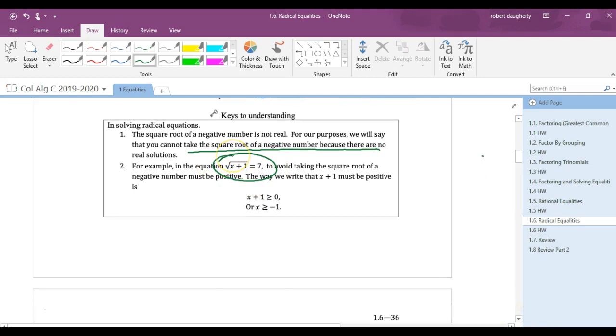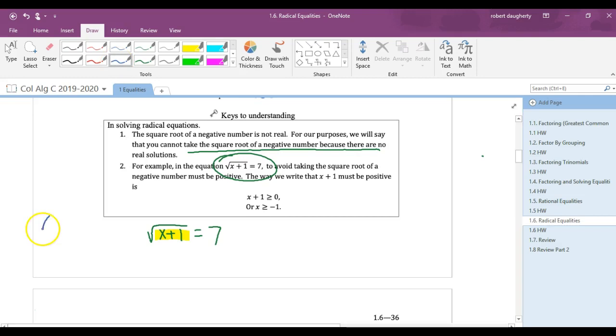The square root of x plus 1 equals 7. What you just need to be in the habit of looking at is whatever is under that square root sign. I can't take the square root of what kind of number? Can't take the square root of a negative number. So x plus 1 has to be what kind of number? Can't be negative.